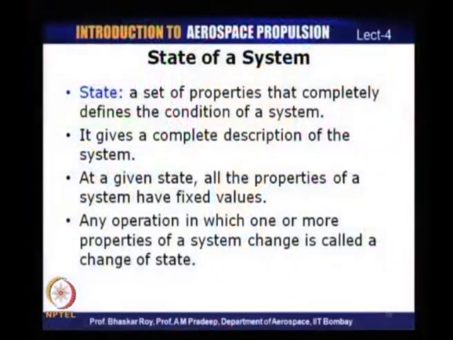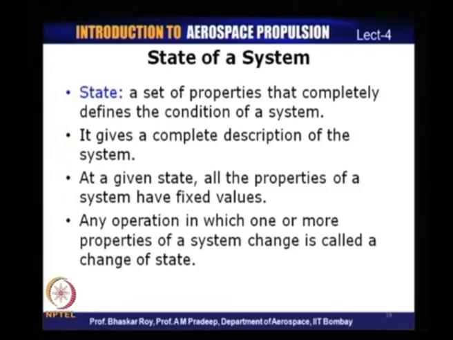Now, the state of a system gives a complete description of the condition of that particular system at an instant of time. At a given state, all the properties of the system would have fixed values. That is, if you have defined a state of a system with certain properties, these properties will remain fixed for that particular state.